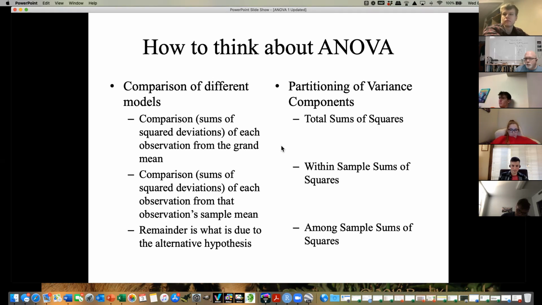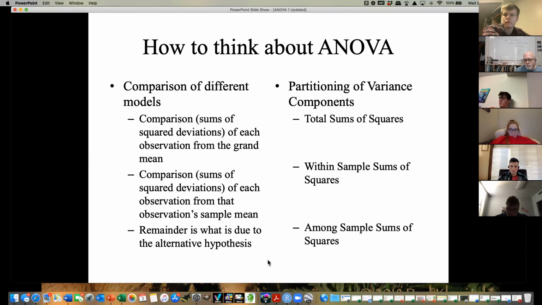So this is the total sums of squares, the within sample sums of squares, and then whatever is left over is the among sample sums of squares. And this is actually what we're interested in: how big are the differences caused by the different treatments. That's what the among sample sums of squares are.